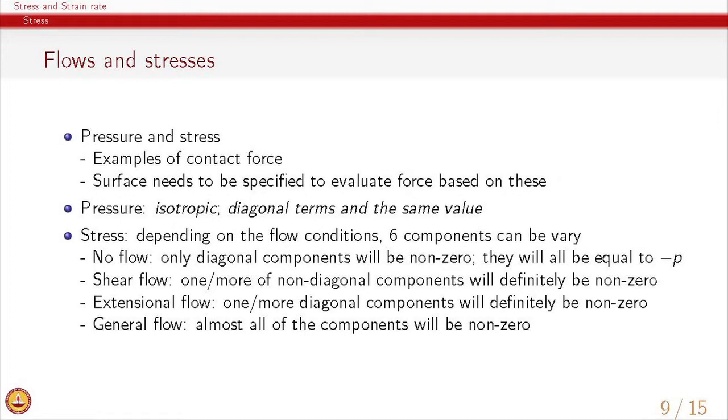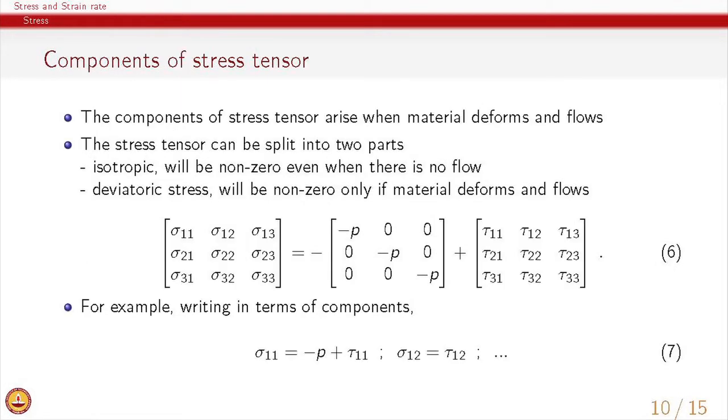So, sometimes we will say that the general flow is a combination of shear and extensional flow, because in lab situations to understand rheology, we first subject the material to maybe extensional flow and then subject it to shear flow and then try to arrive at an understanding. Then we say that general flow is a combination of those. Can we combine this understanding and then try to explain the behavior in the most general case. So, with this we come to a close in terms of the overall stress tensor.